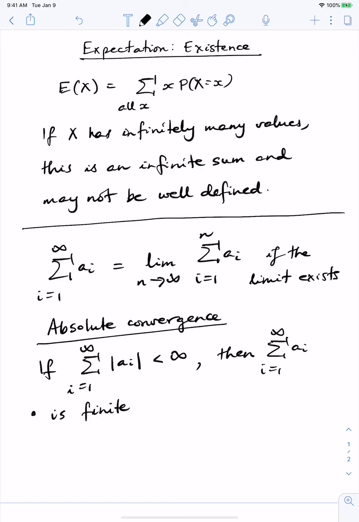It's finite, and moreover, it has the same value regardless of which order you add the terms in.